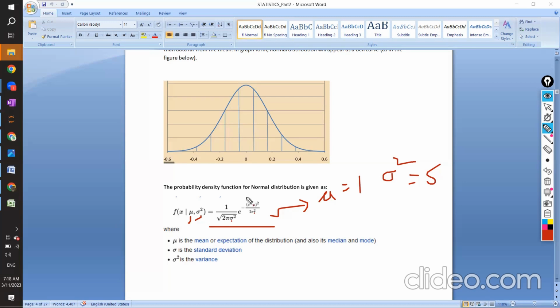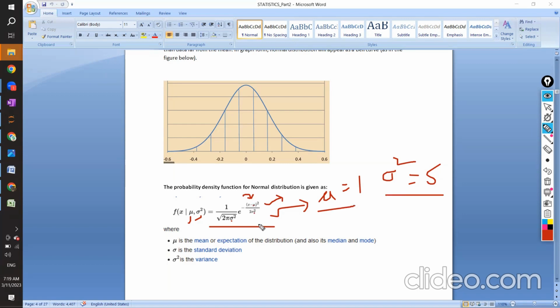The only variable is x. If you keep changing the value of x and solve this equation, you will get the probability values for x, only for this type of normal distribution whose mean is 1 and standard deviation is 5.